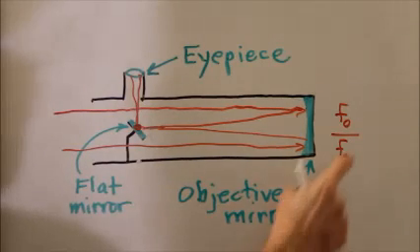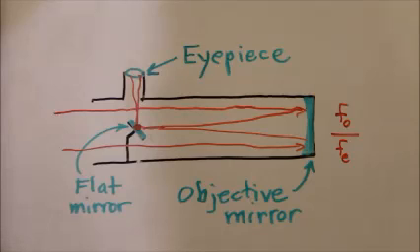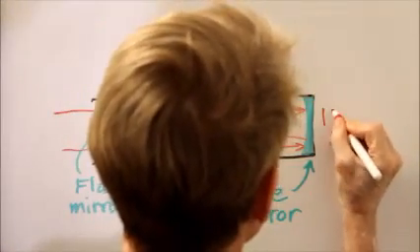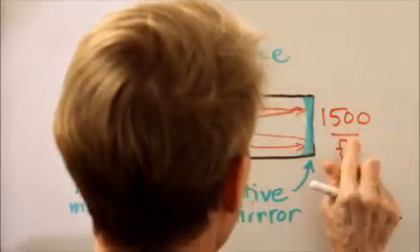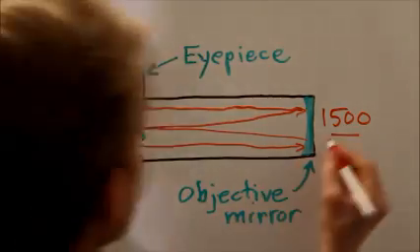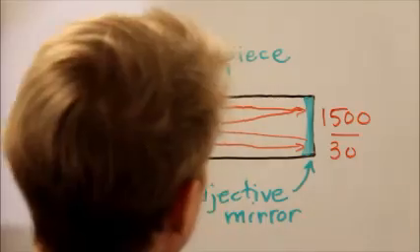We need to have these in the same units, and in this particular question, they're in millimeters. f sub O is 1500 millimeters. And f sub E, as we are given it here, is 30 millimeters.